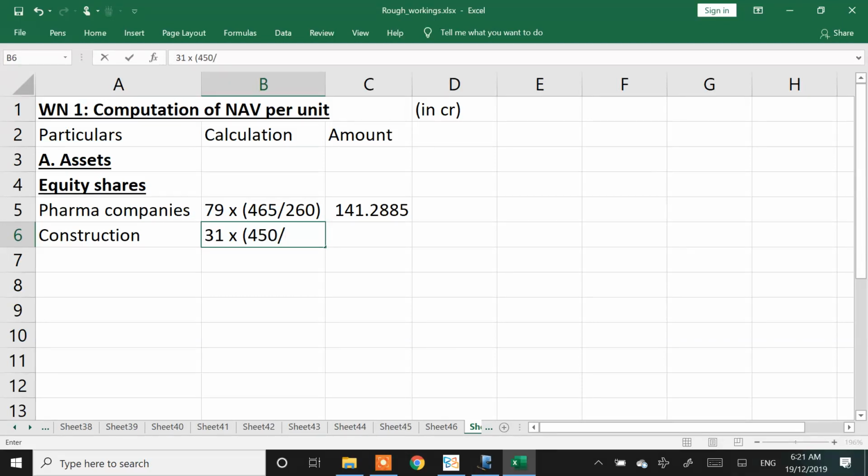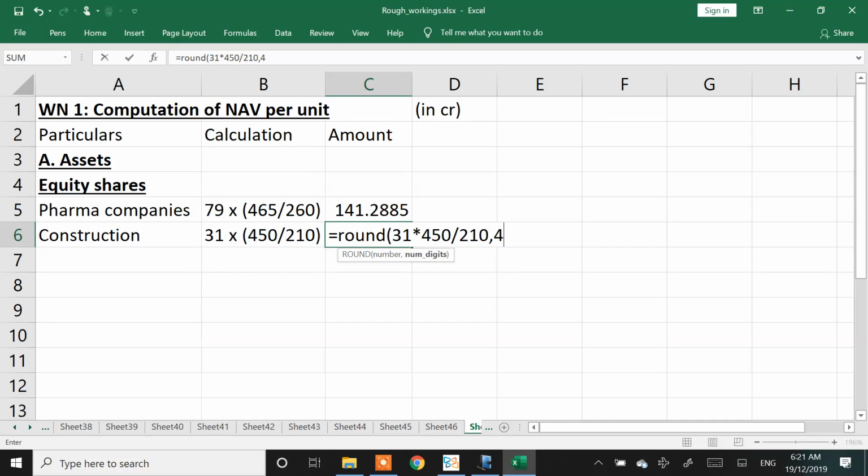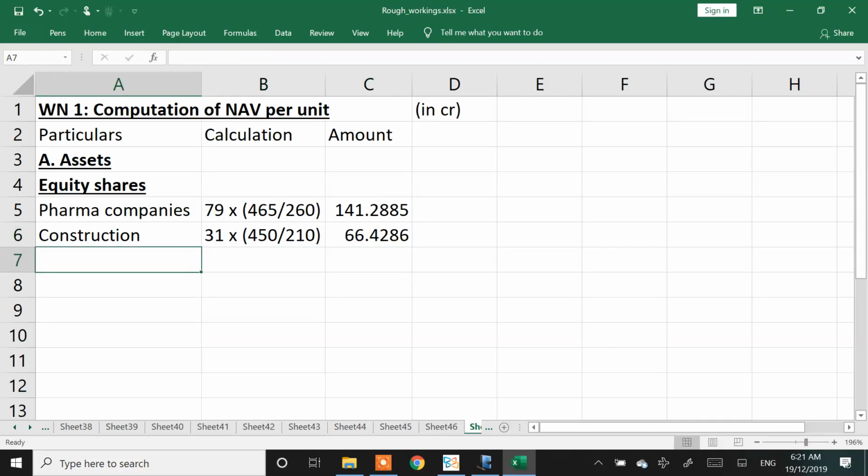When we purchased, 210. That gives 66.4286, which is 450 by 210.